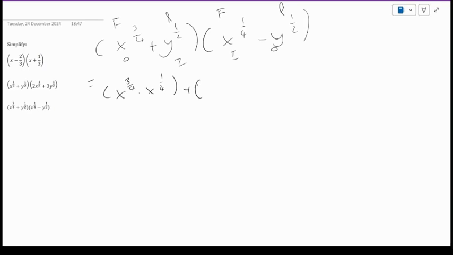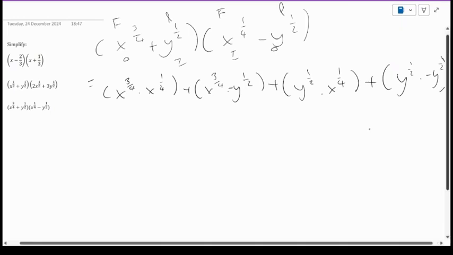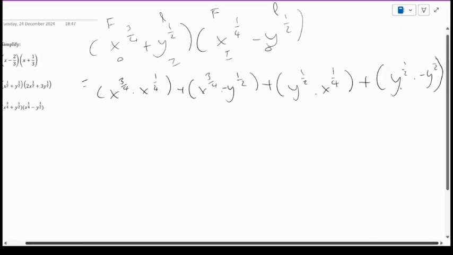We look at our outers, then we look at our inners, and we look at our lasts.